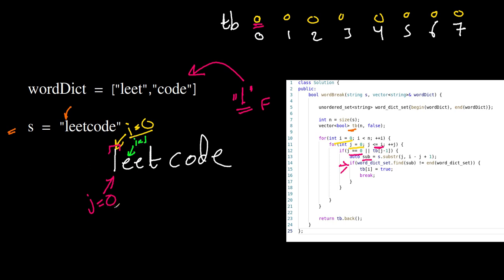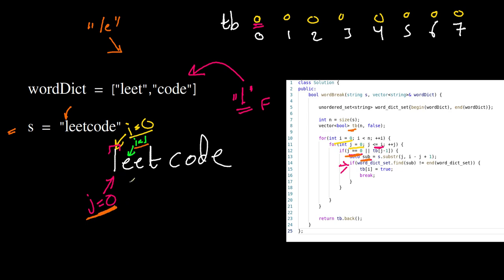Now again, let's start with j equal 0. From j equal 0 to i equal 1, the substring is LE, and LE does not exist in the dictionary, so it's false.